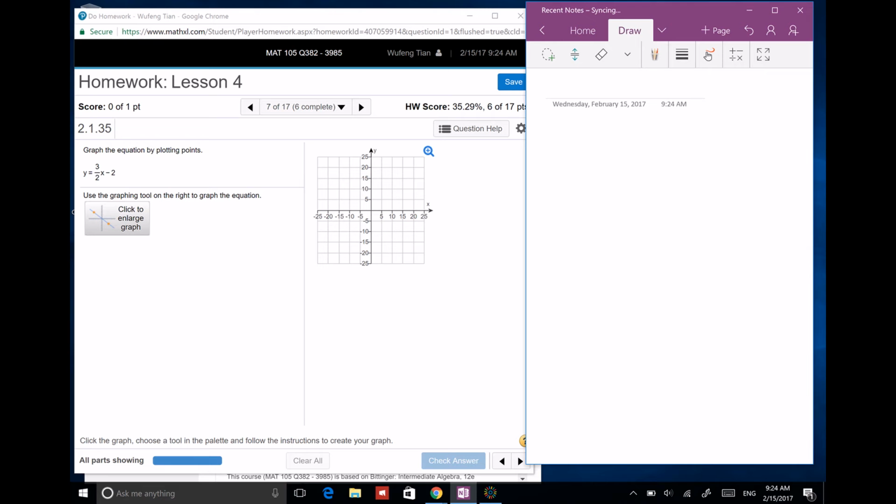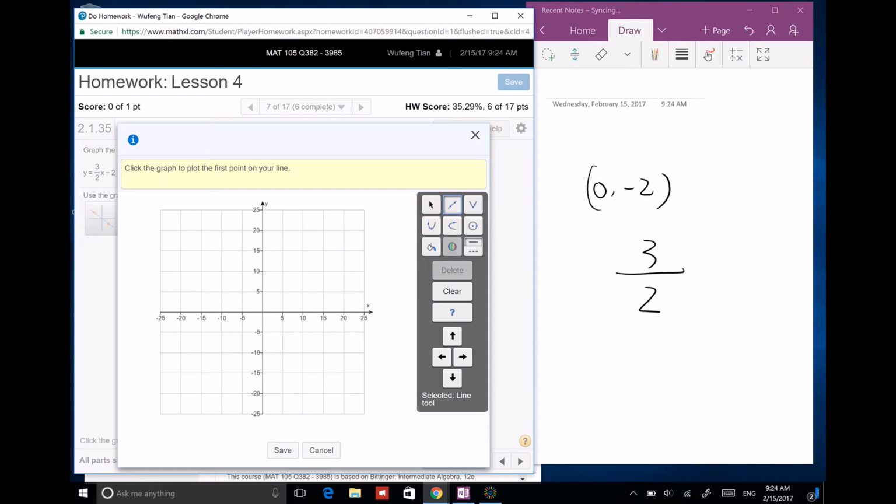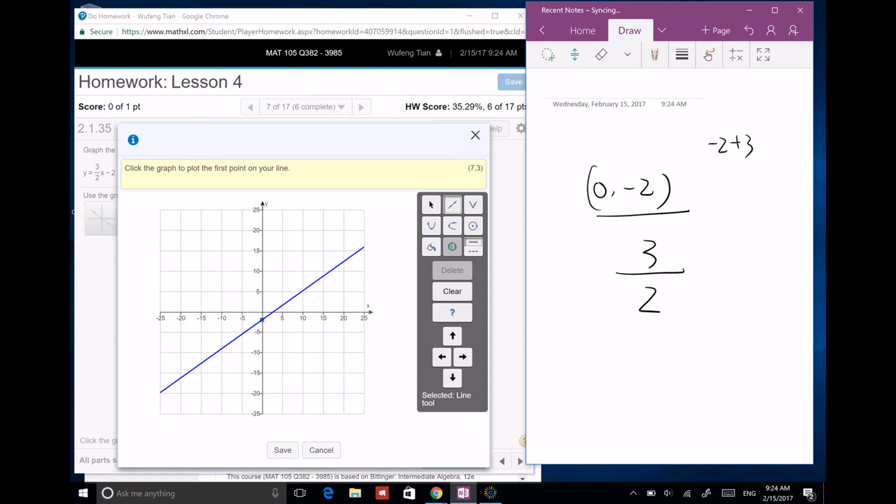Same idea. You start from 0, negative 2, rise over run, 3 over 2. Rise 3 from negative 2, so go up 3 units.